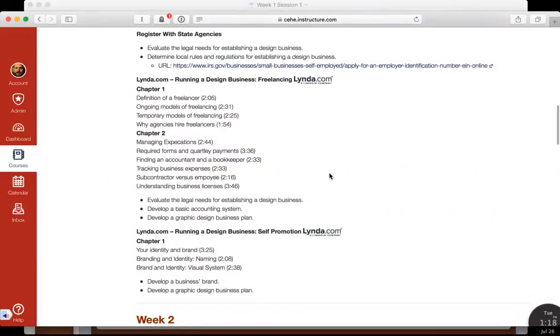For a lot of graphic designers, there is no legal need to have an employee identification number. However, that doesn't mean you wouldn't want one. There are other reasons besides it being legally mandated why you might want to get one anyway. So no, you don't have to apply for one for this course. We just want to make sure that you're aware of how you would do that, so that if you decide to do it for yourself, you have the resources.